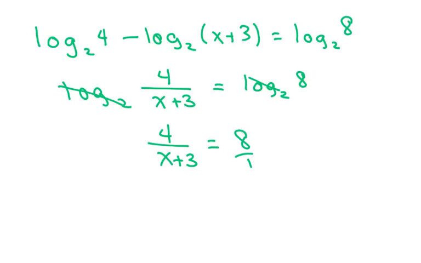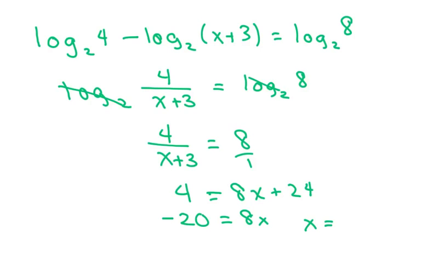I'm going to cross multiply, and you get 4 equals 8x plus 24. Subtract the 24, so I get negative 20 equals 8x. So x equals negative 20 over 8, which equals negative 5 over 2.